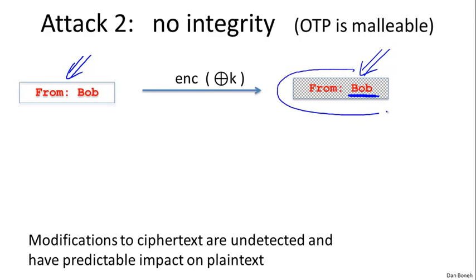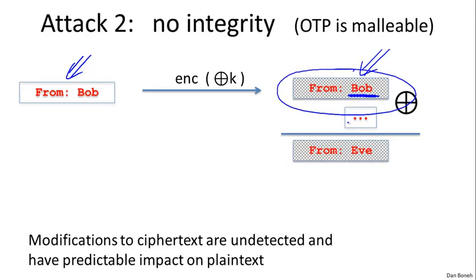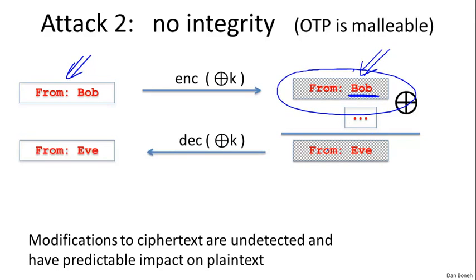All he has is the ciphertext. What he can do is XOR it with a certain set of 3 characters, and we'll see what those 3 characters are in just a second, such that the resulting ciphertext is actually an encryption of the message from Eve. So now when the user decrypts that, all of a sudden he'll see this message is from Eve, not from Bob, and that might cause the wrong thing to take place.